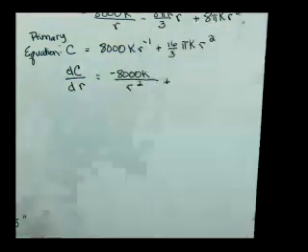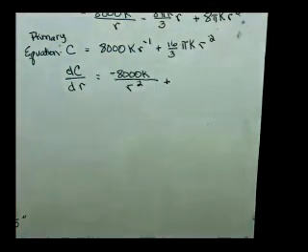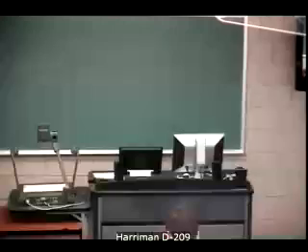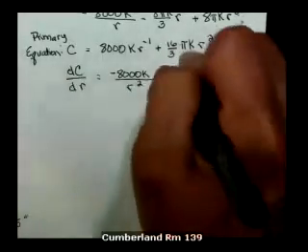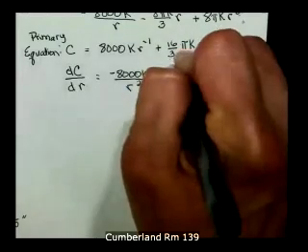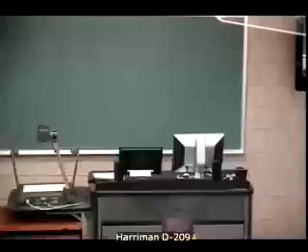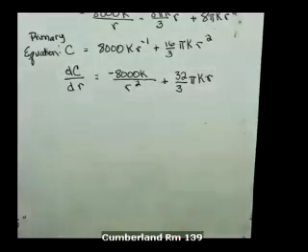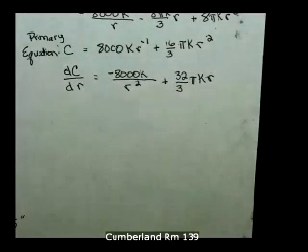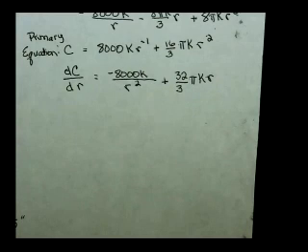Plus what? 32 thirds pi k times r to the first. And then what?